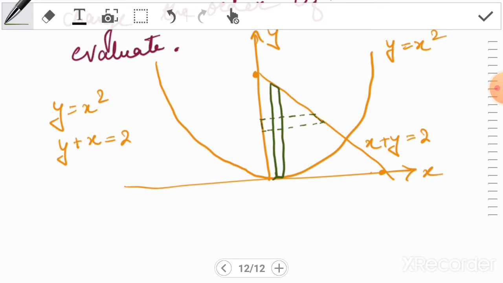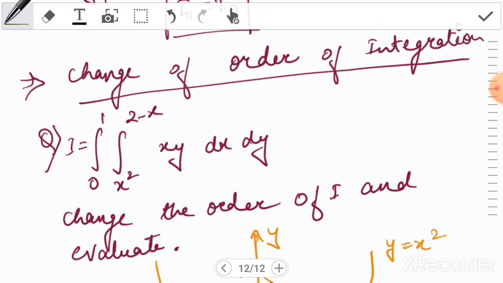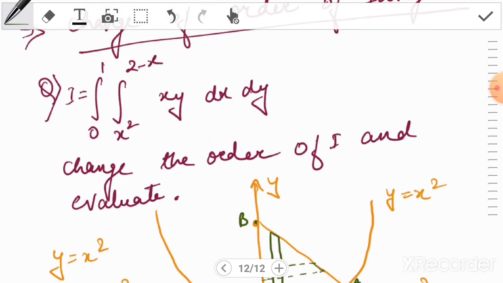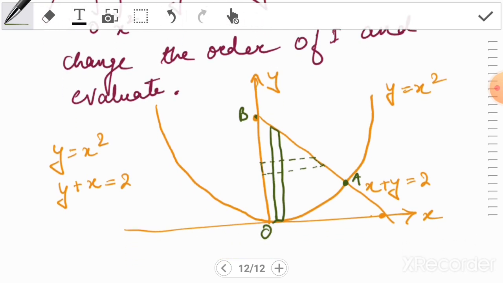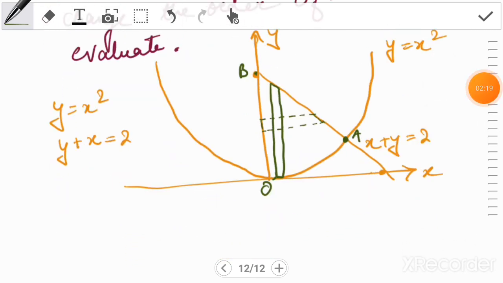Let us name the points O, A and B. Let us find this point of intersection first.